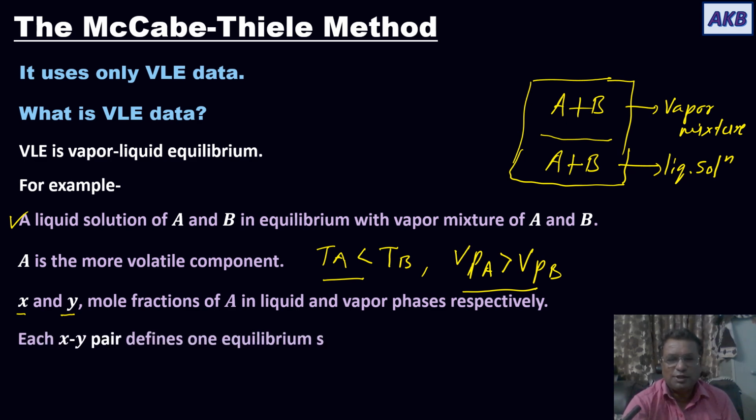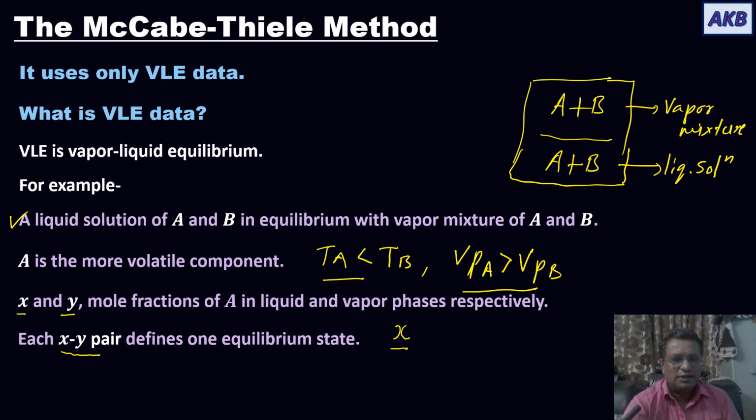Each XY pair, what is the meaning of this? That means whenever vapor and liquid phases are in equilibrium, there will be some concentration of A in the liquid phase. The most convenient way of expressing concentration is mole fraction.